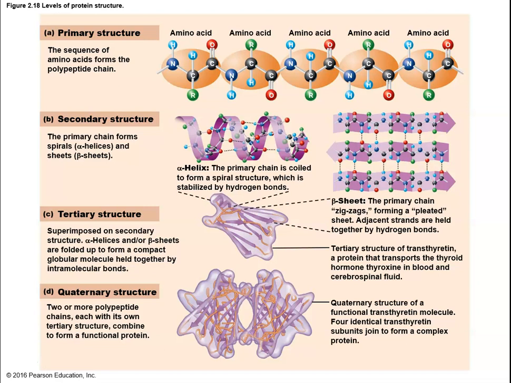This gives very, very complex shape and allows for the formation of thousands of unique shapes to form all the different types of proteins that the body needs to function. So a functional protein occurs at tertiary perhaps, or at quaternary, but not before. Primary and secondary would just be intermediate steps getting you to a functional protein.